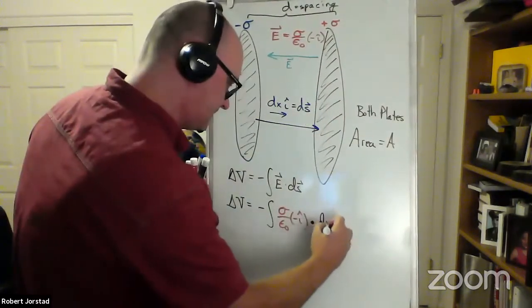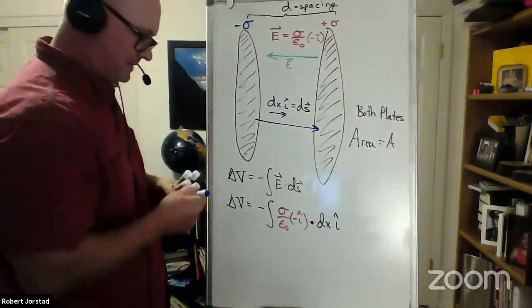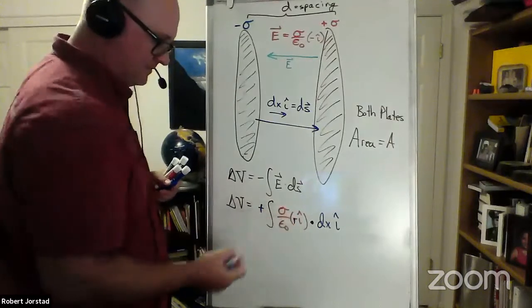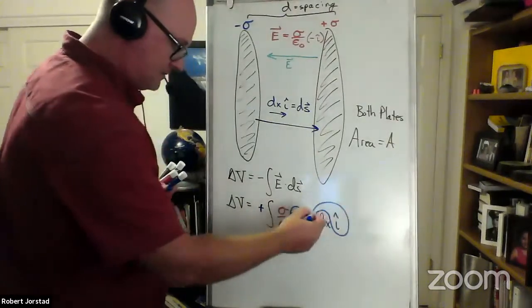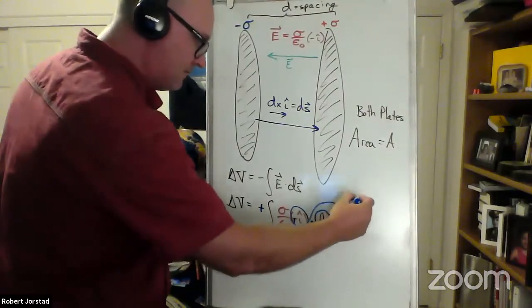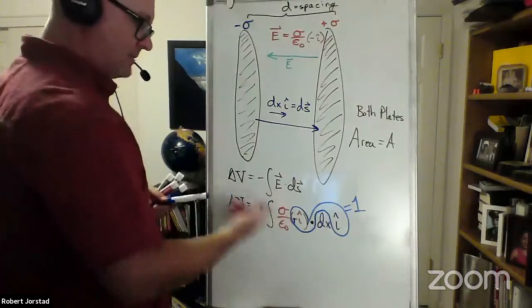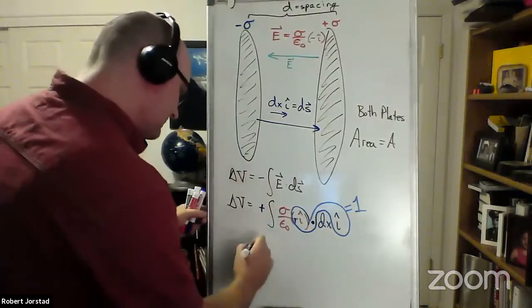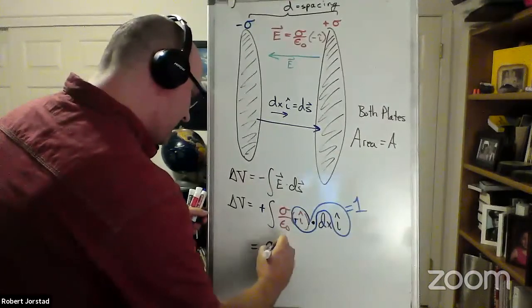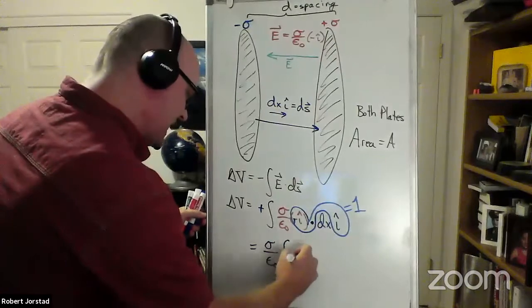And lo and behold, what do you get? This drops out. This dotted with that is equal to 1, since i hat dot i hat is 1. And sigma over epsilon naught is a constant, so we're going to get sigma over epsilon naught times the integral of dx.